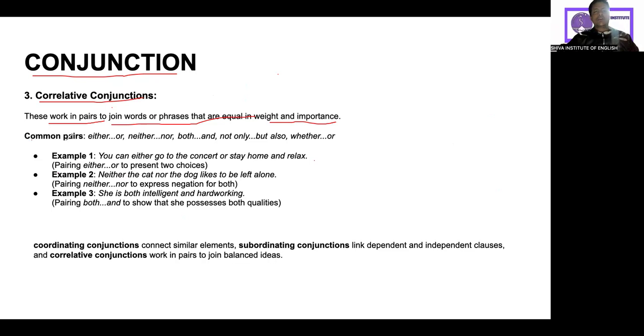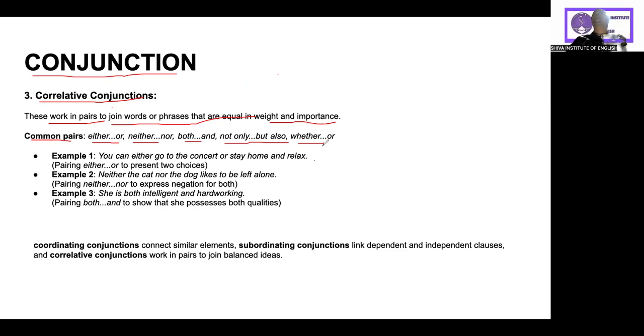The common pairs you would find are either...or, neither...nor, both...and, not only...but also, whether...or, hardly...when, rarely...when, barely...when, and scarcely...when.